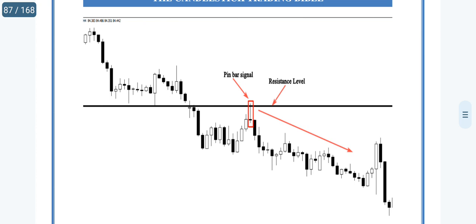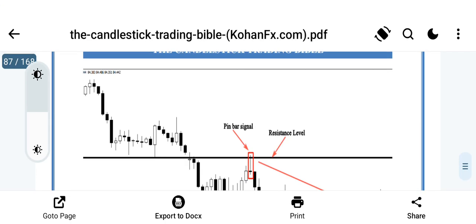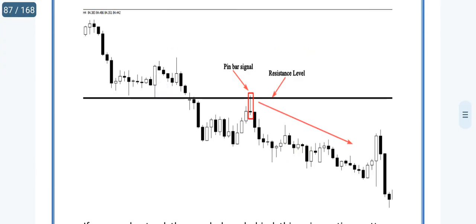We are seeing our resistance level, so at this level the market was trending up, but after hitting resistance levels the prices were rejected, and now we are seeing a downward trend, and at that point it is the sellers taking control of the market, and such a candlestick is called a bearish penny bar candlestick.